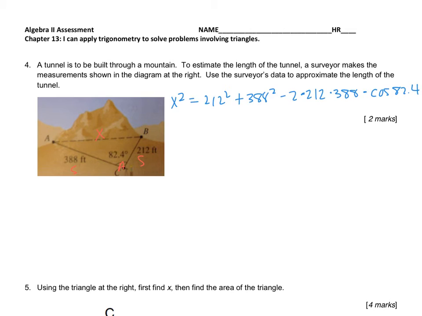So we've talked about this before. I just want to say again, these are all times back here. They look a little bit like minus. Even though this is long, it just all goes in your calculator. So 212 squared, 388 squared, 2 times 212 times 388 times cosine 82.4.